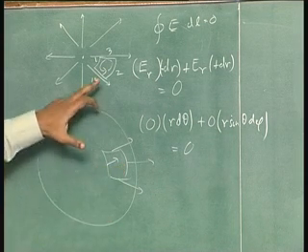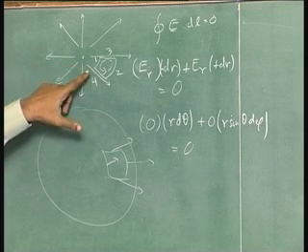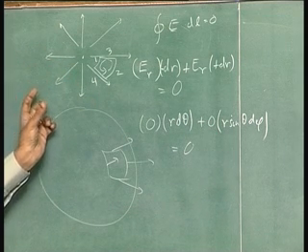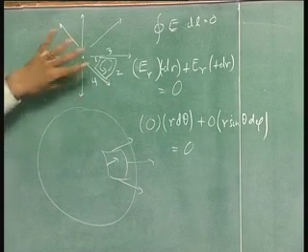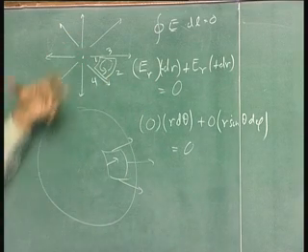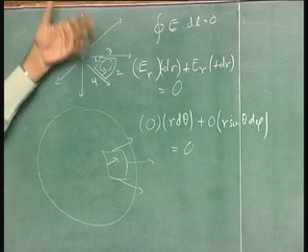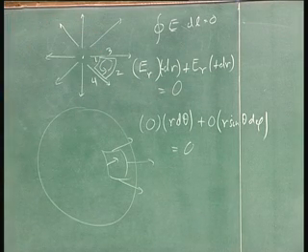Now, I can look at the loop that corresponds to a vertical direction rather than a horizontal direction. But because this is spherical symmetry, if I look in the vertical direction rather than the horizontal direction, it is still the same picture.